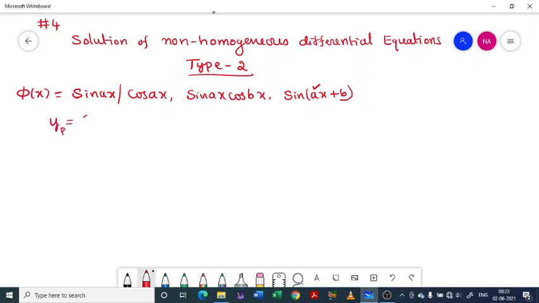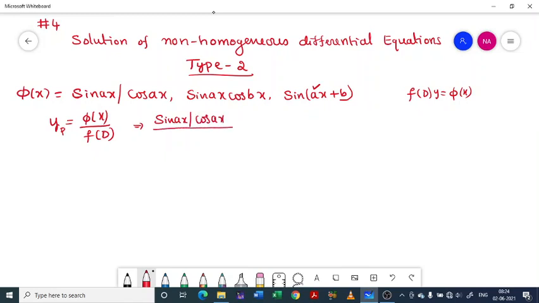As usual, the general formula for yp is phi of x divided by f of D. This is when the given equation is of the form f of D into y equal to phi of x. If this is the given equation, then yp will be phi of x divided by f of D. Obviously, the numerator will be the given one, sin ax or cos ax, whatever the given, that will be in the numerator.